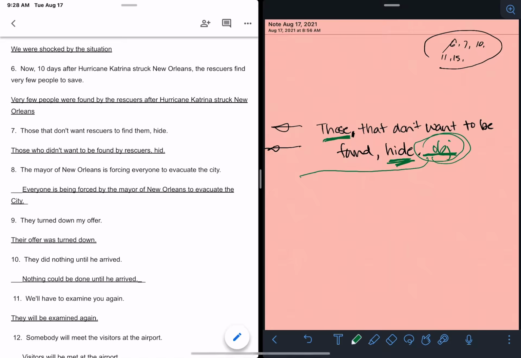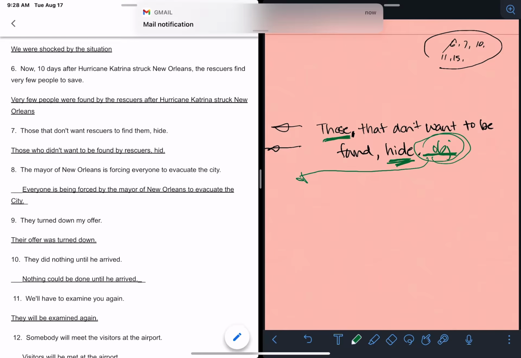So in this case, it would be better if we put, those that don't want their things to be found hide them in the car. Then we have the object as them, or the things that they don't want them to find are hidden in the car. I hope that wasn't too confusing.